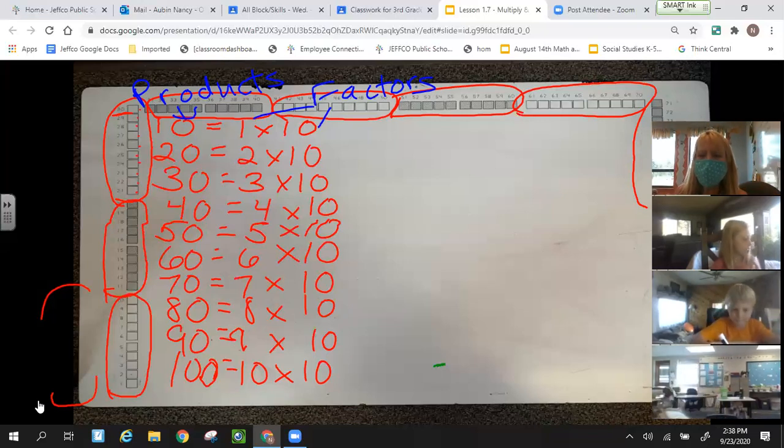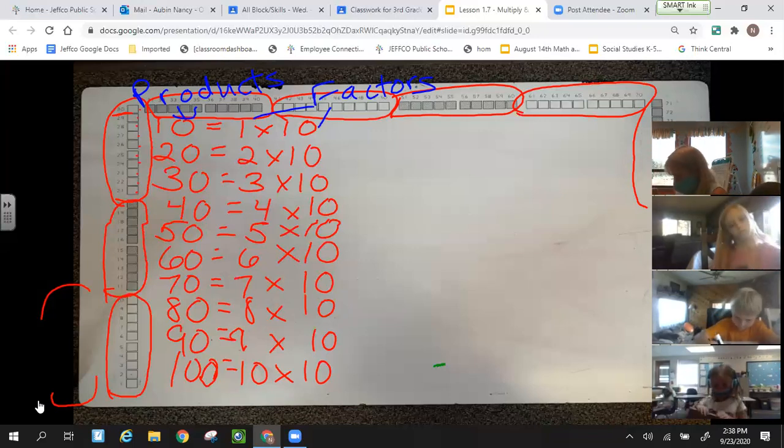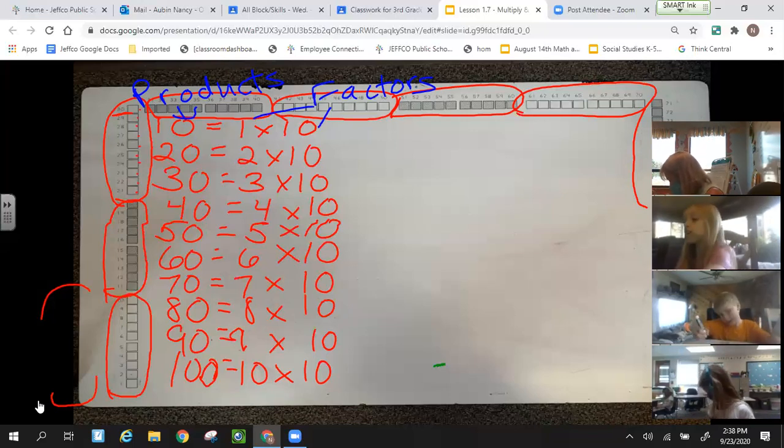Once you have it done, start writing down in your math spiral the patterns. Here, I'll get it to you. Just a blank page in there. You see the pattern? What's going to be next? Oh, you did it backwards. Hold on. I started doing it backwards too. It goes 10 equals 1 times 10. 20 equals.